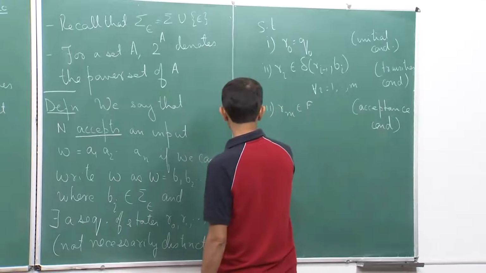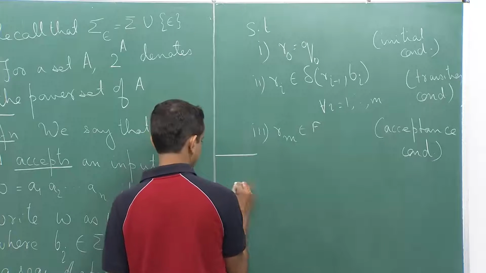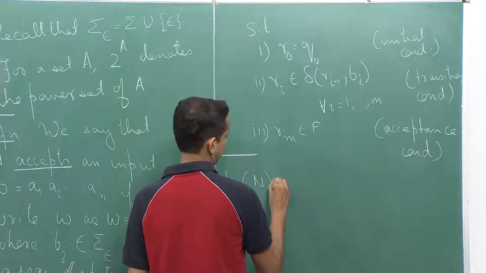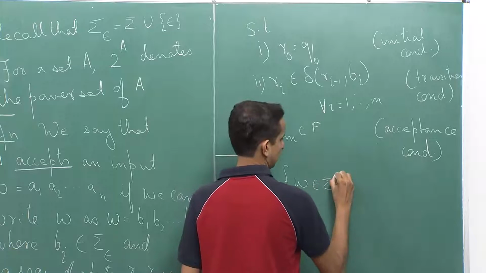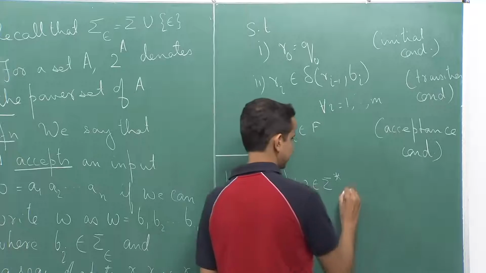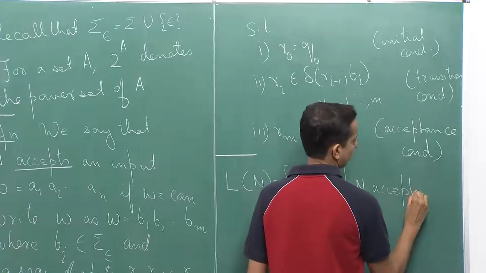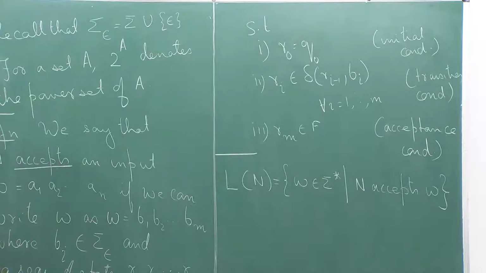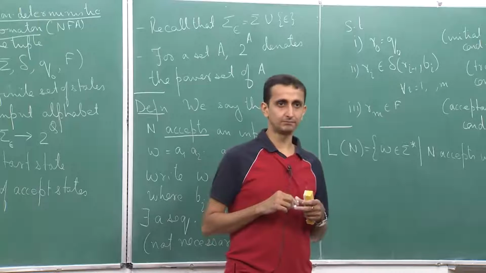Now with this definition, we are ready to define the language of a non-deterministic finite automaton. So L of N is the set of all strings W in sigma star such that N accepts W. So this is the definition of the language of a non-deterministic finite automaton.